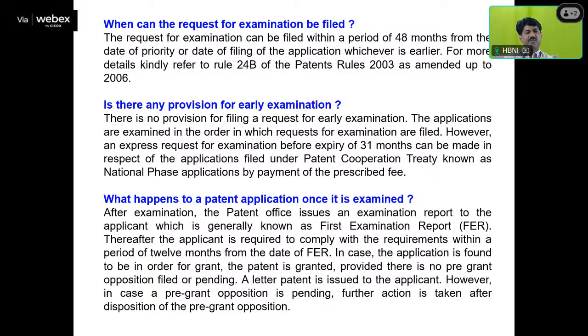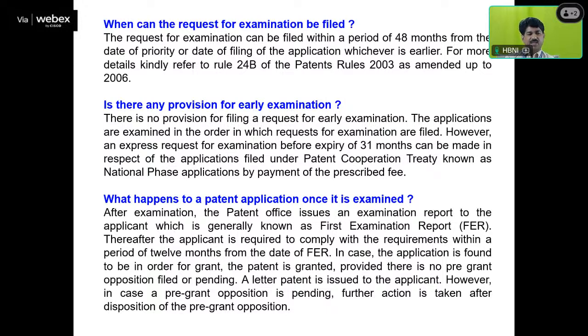Is there any provision for early examination? There is no provision for filing a request for early examination. The applications are examined in the order in which requests for examination are filed. In the previous topic I told that there is a quick route, but for examination there is no quick route. Whoever applied first for the examination, in that order only it gets examined.